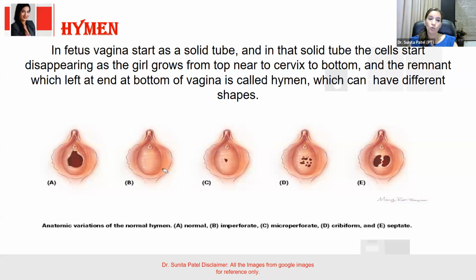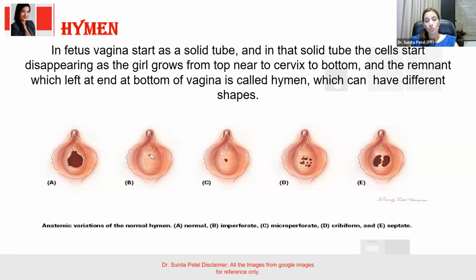Imperforate means there is not even a single opening present down there. That is very dangerous for females. They are going to have problems with collection of blood, and are more prone to endometriosis, pelvic pain issues, and a lot of period pain issues. So that is not a good type of vagina.